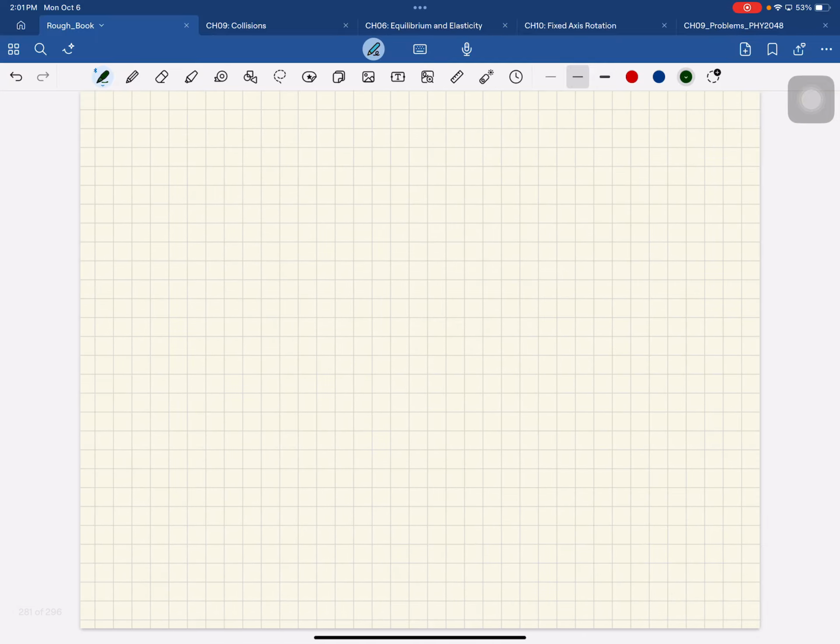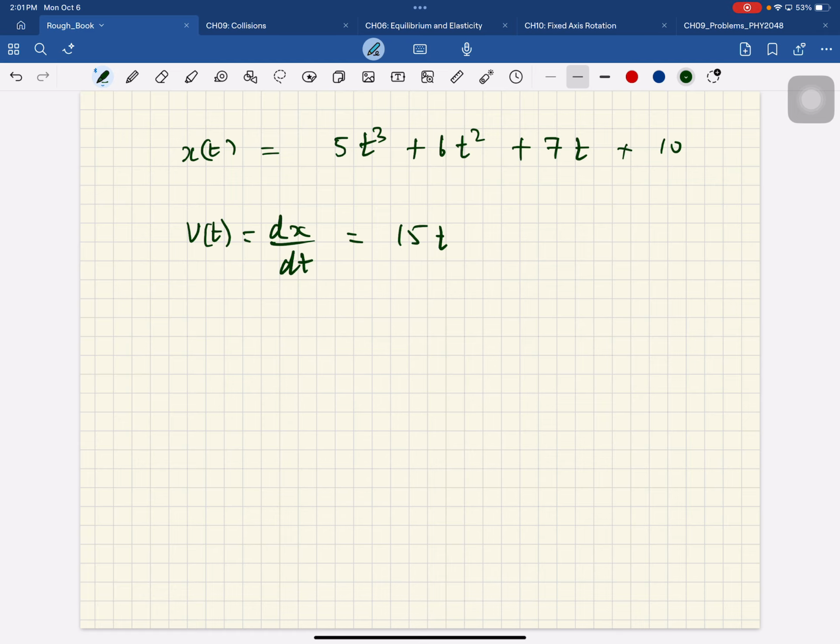Okay. So if you had the position of that object as a function of time, I'm going to just make up a function, let's say 5t cubed plus 6t squared plus 7t plus 10. Once you had the position as a function of time, what could you do? You could calculate the velocity of the object, which was dx by dt. 15t squared plus 12t plus 7.